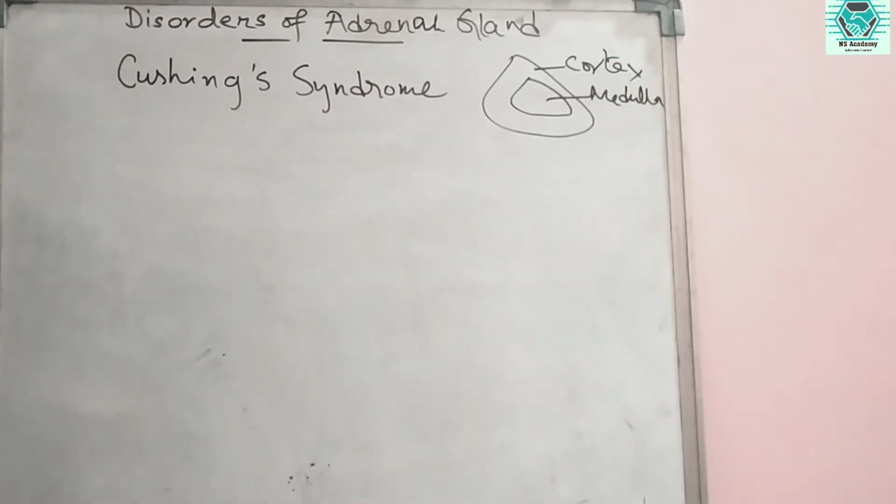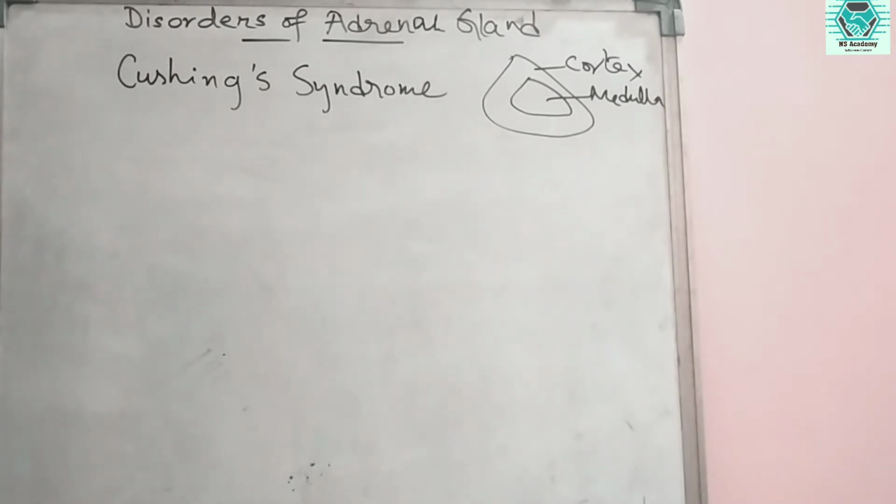The cortex releases different types of corticoids, which are divided into glucocorticoids, mineralocorticoids and sex corticoids, from three different layers, that is zona glomerulosa, zona fasciculata and zona reticularis. And the medulla is also responsible for the release of hormones.